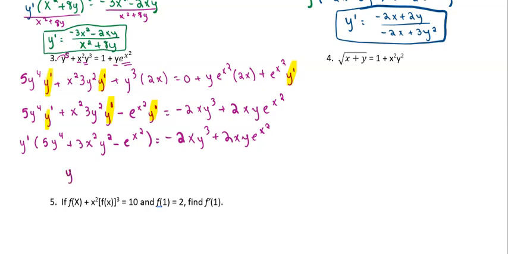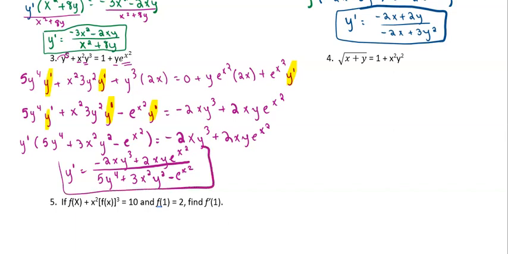So that's going to leave us with y prime equals, in the numerator, negative 2xy to the 3rd plus 2xy e to the x squared, all over 5y to the 4th plus 3x squared y squared minus e to the x squared. And this is finished.